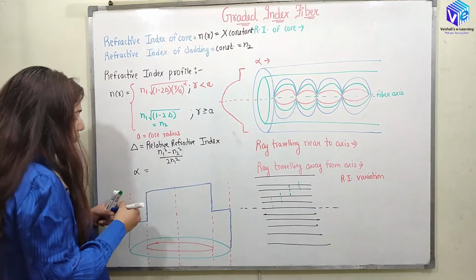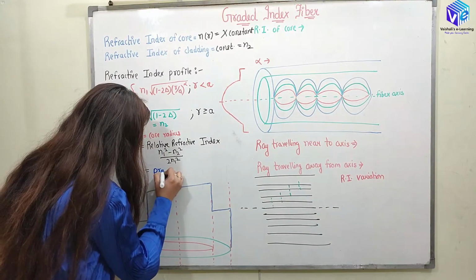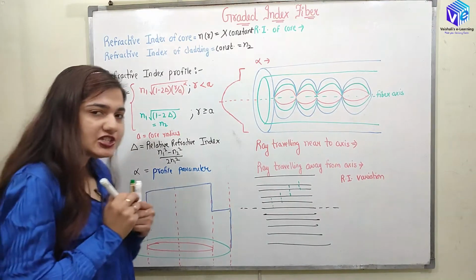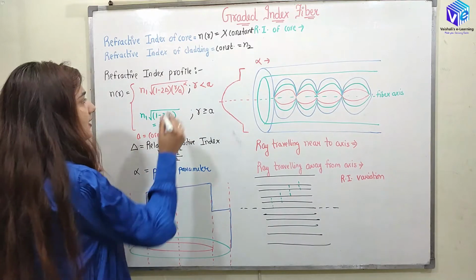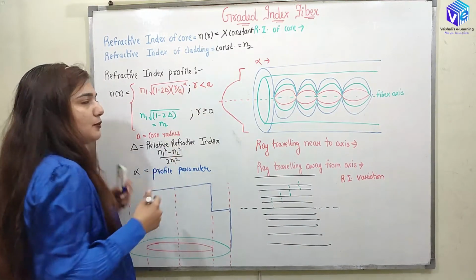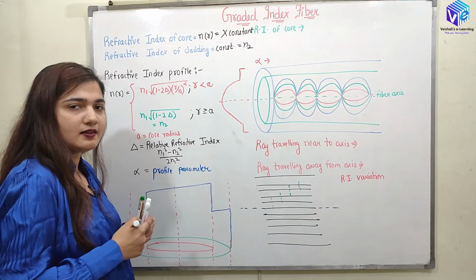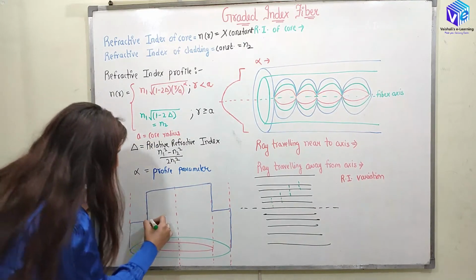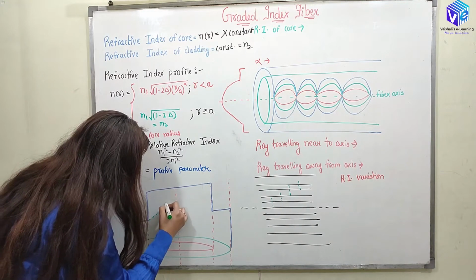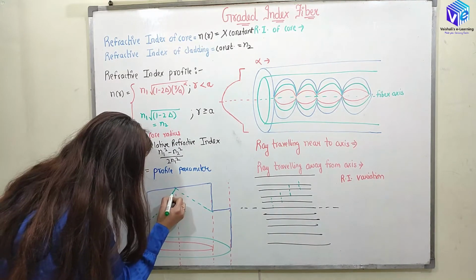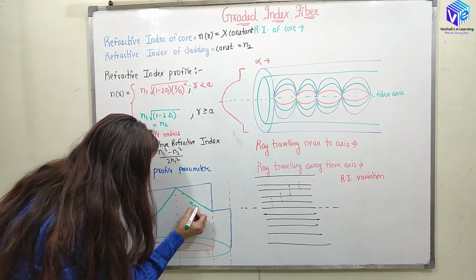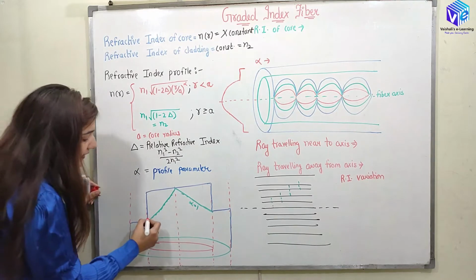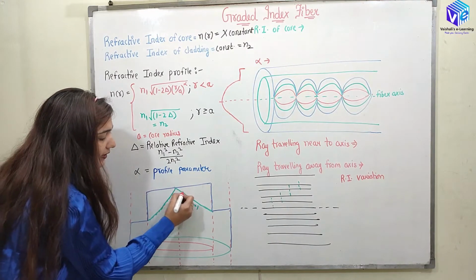Alpha over here is the profile parameter. If I change alpha, we are going to change the profile. How are we changing it? If alpha is 1, we are going to have a linear profile. When I put alpha equal to 1 over here, the refractive index of the core will vary linearly.